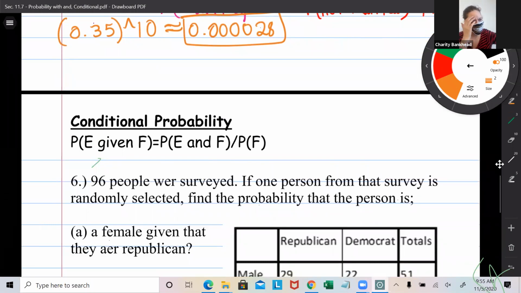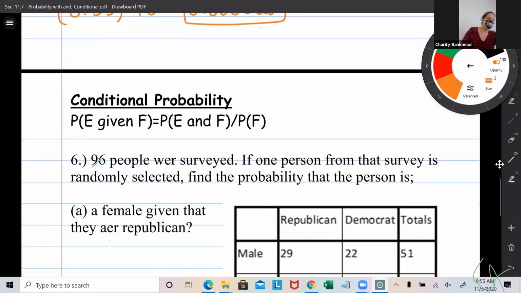Okay, conditional probability. So first of all, conditional probability is the probability of something given something else. Okay, so it's like giving you extra information at the beginning to kind of narrow down your probability.